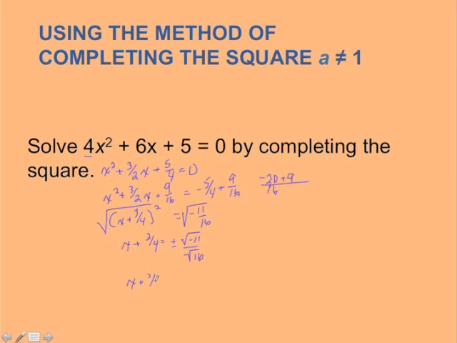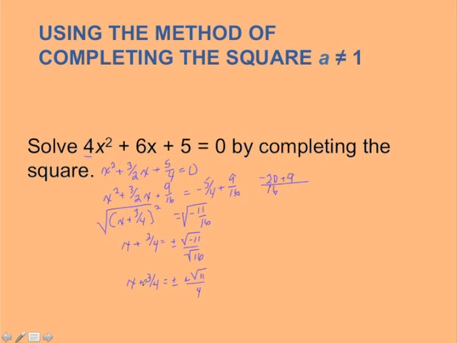Simplifying that radical, keeping the left side the same, equals plus or minus. Now, the square root of a negative will be i times the square root of 11, and the square root of 16 is 4.